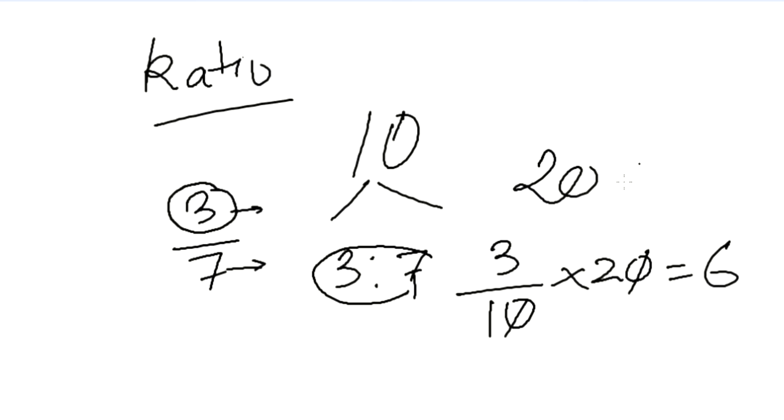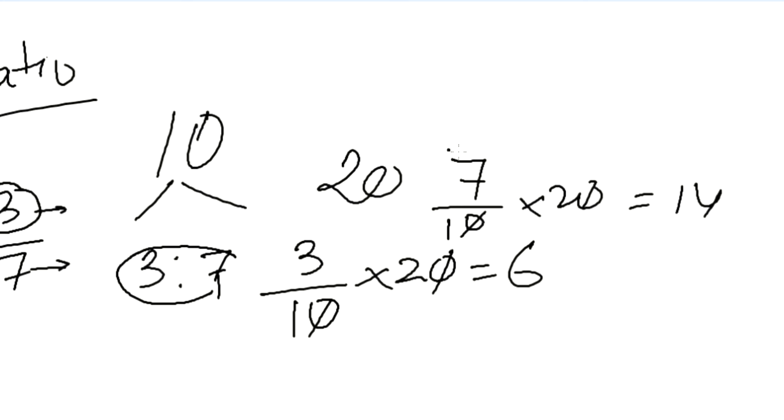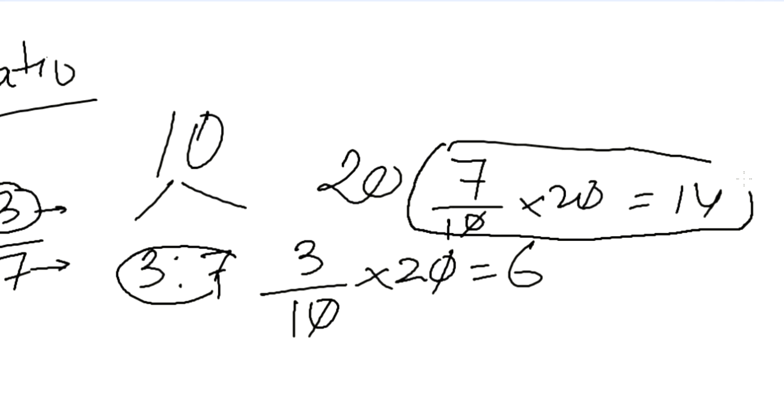That means you'll be getting 6. And obviously if you subtract, your brother will be getting 14. But how do we calculate that from 3 to 7? He'll be getting 7 out of 10 into 20, which gives you 14, right? So this is the basics about ratio and how to calculate that.